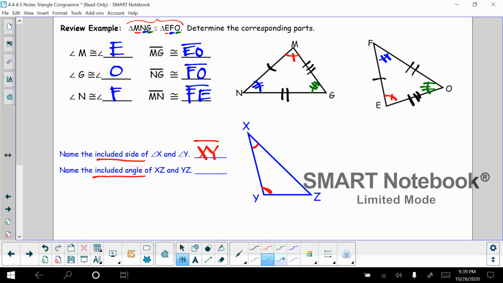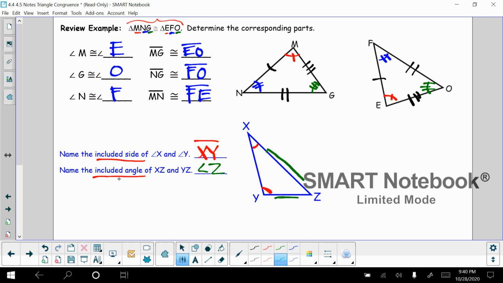And then over here, the included angle of side XZ and side YZ is the angle between those two sides, angle Z, right there. So whenever they use the word included, which you're going to see on the next page, that just basically means the one in between what is given.